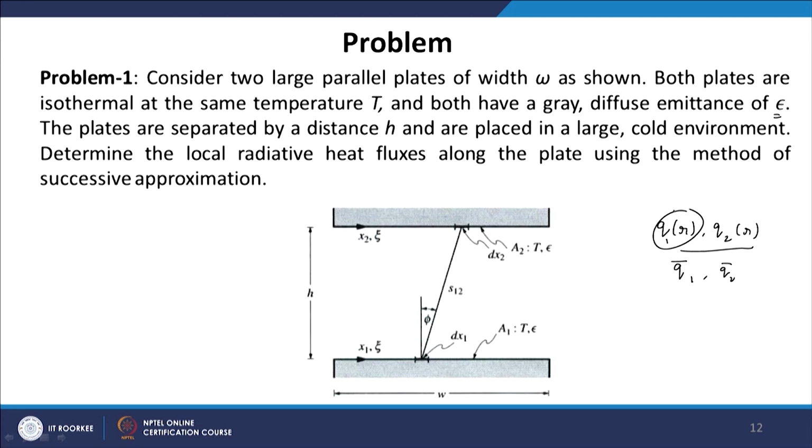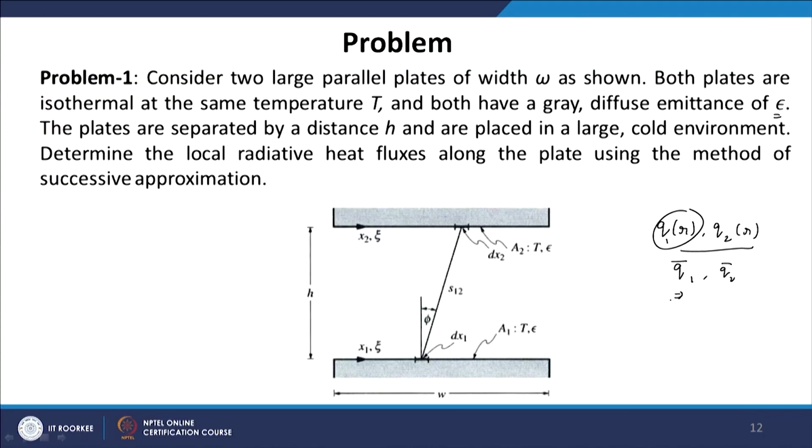Although the problem we have taken is quite trivial due to the one dimensionality of the problem, it is an infinite plate, and the dimension in the third direction is infinite, so the result would be quite similar to the average values. Still, for the purpose of demonstrating the method, this problem serves as a good example. So, let us solve this problem.